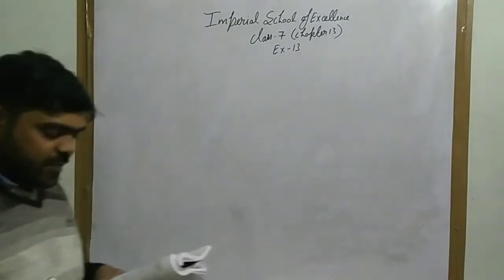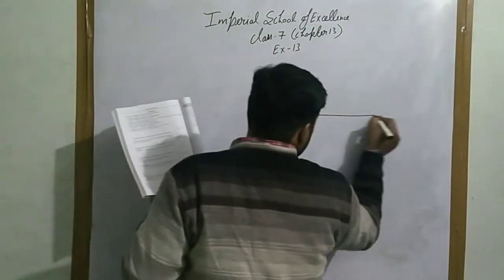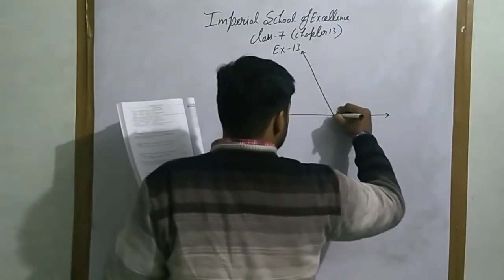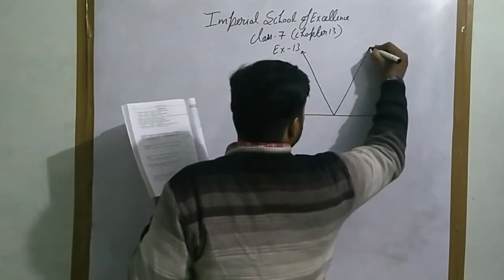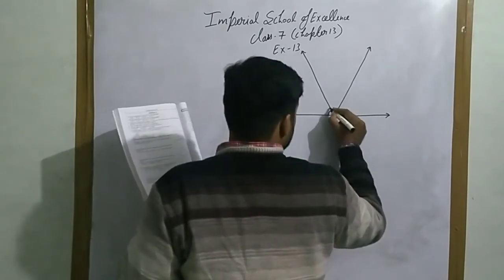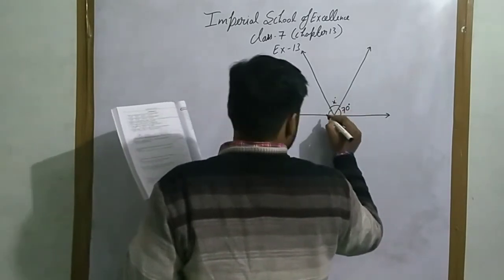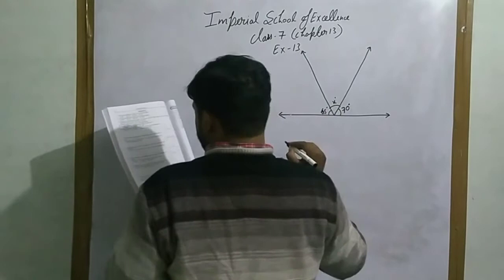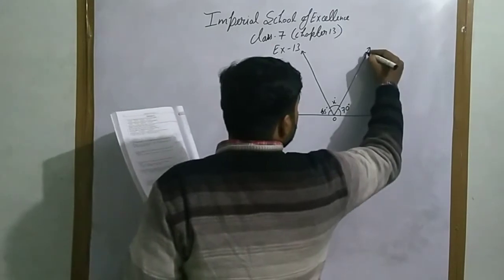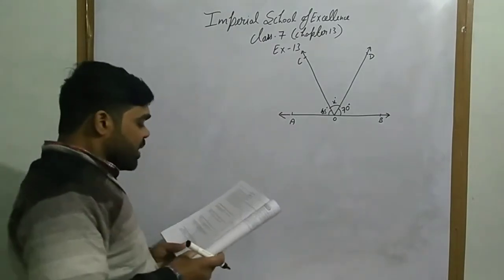Question number 8 is given. In the given figure, AOB is a straight line. This is the figure I am making here. A, O, B, D and C are given.